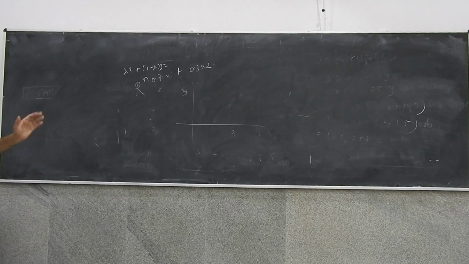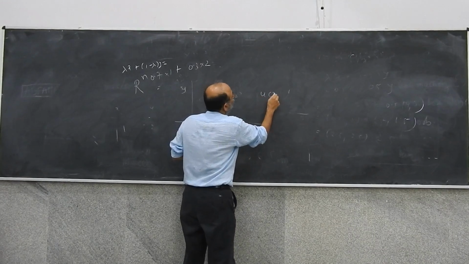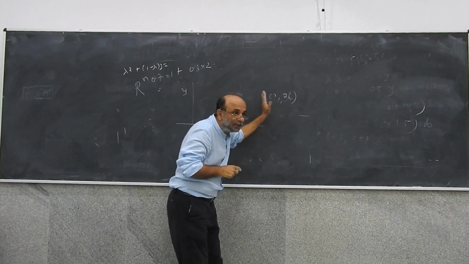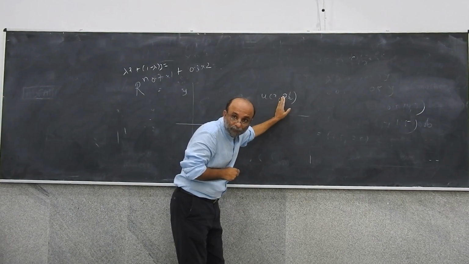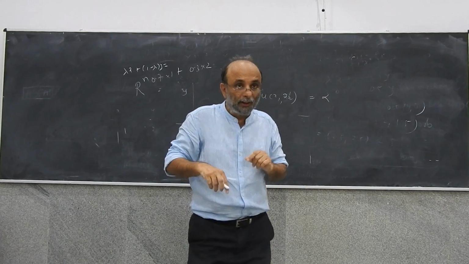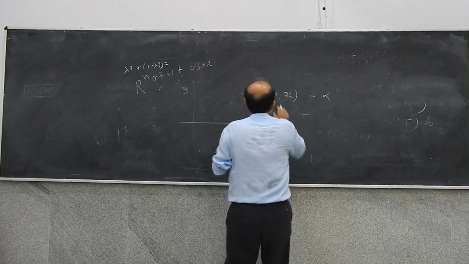What is the kind of function? Think of all combinations of x1 and x2 which are associated with the same point alpha. Let that function be u of x1, x2. Because what are we doing?